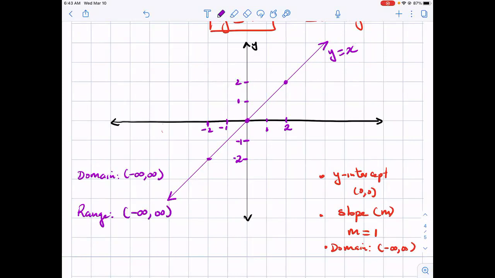So for any linear function, except the two special cases, the vertical and the horizontal line, for any graph in the form y equals mx plus b, the domain and range will always be minus infinity to infinity.